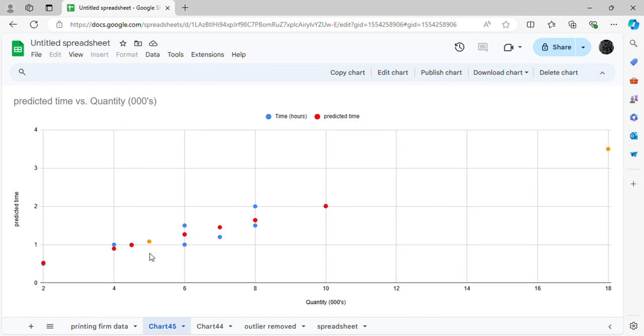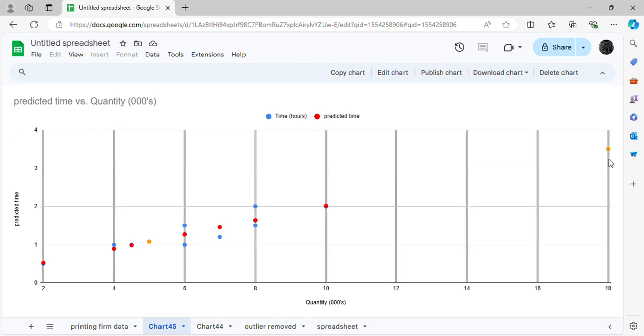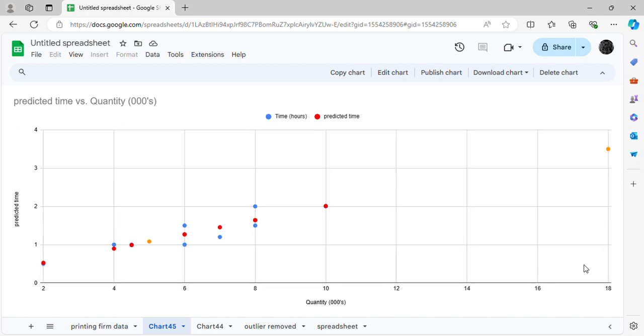So for 5, its interpolation is reliable with the observed values, and thus for 18,000 sheets, this predicted time is extrapolation, and it's unreliable with the observed values.